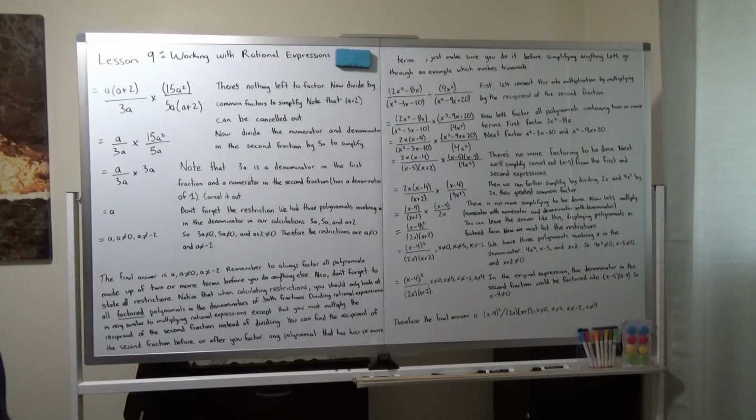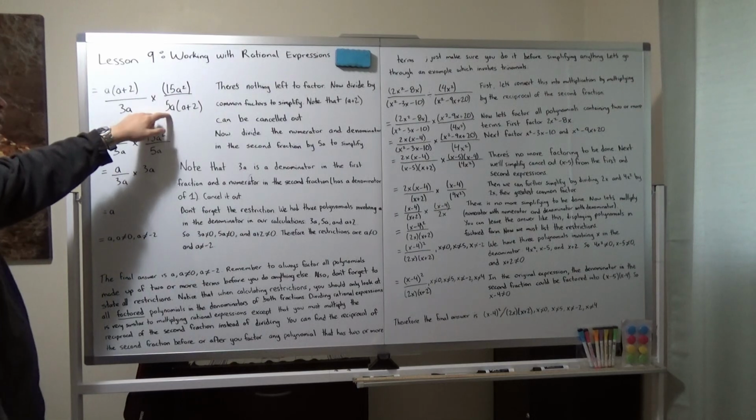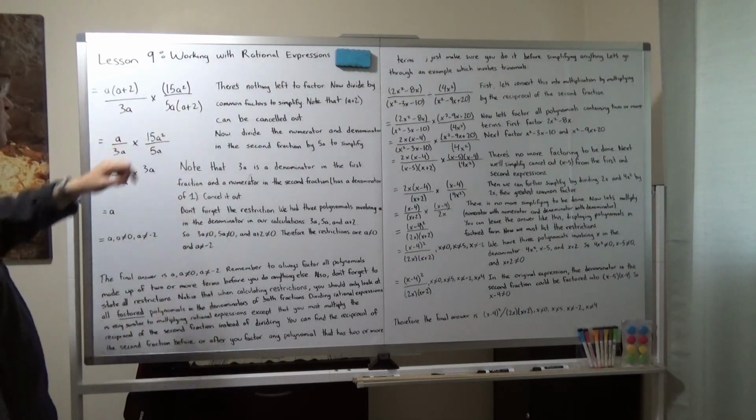Don't forget the restriction. We have 3 polynomials involving a in the denominator in our calculations. We had 3a, we had 5a, and we had a plus 2.